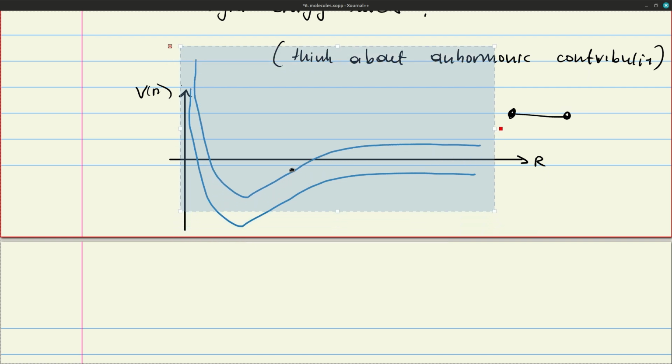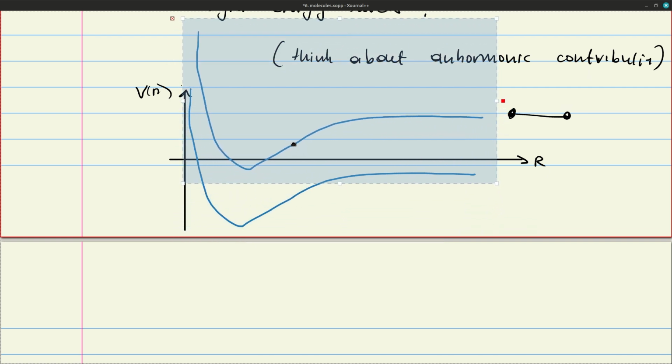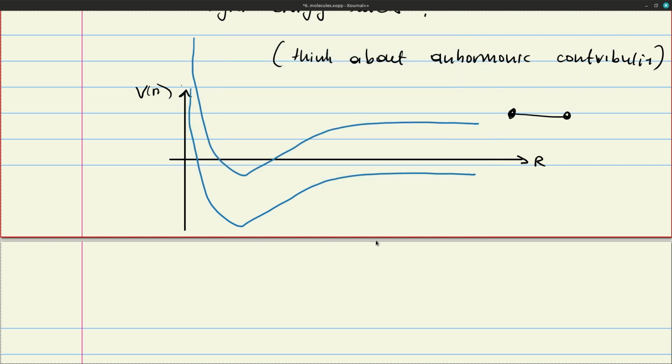So I just need to take this and shift it like that. So this is what I call the electronic ground state, right? All electrons are in the smallest possible state. That's the electronic ground state, and this is the electronic excited state.